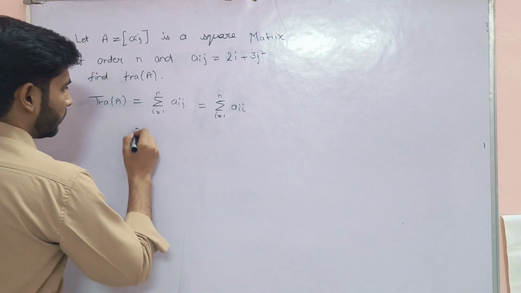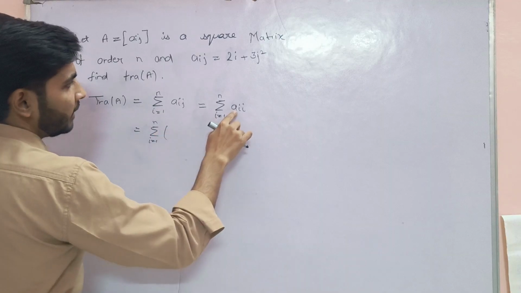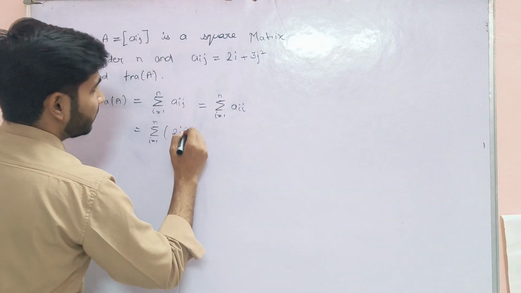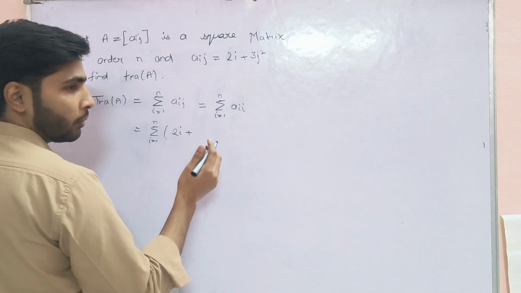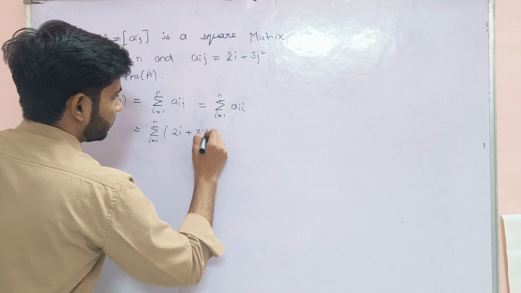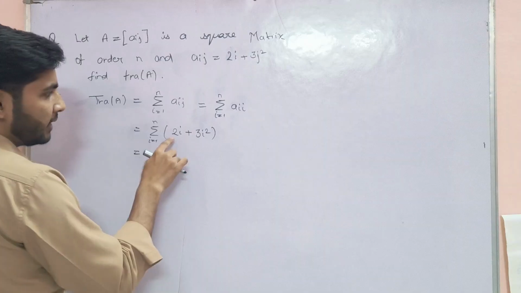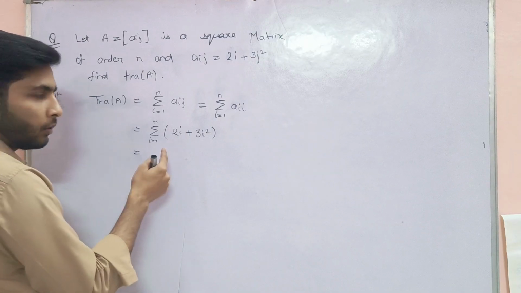So we take summation of (2i plus 3j) square. We put j equal to i, because row number equals column number in a diagonal element. So we take the summation inside the bracket, and the constant terms, 2 is constant and 3 is constant, we take the constants out of the summation.